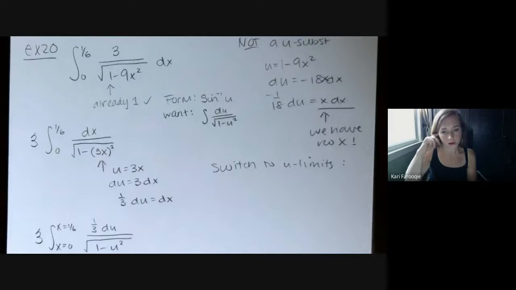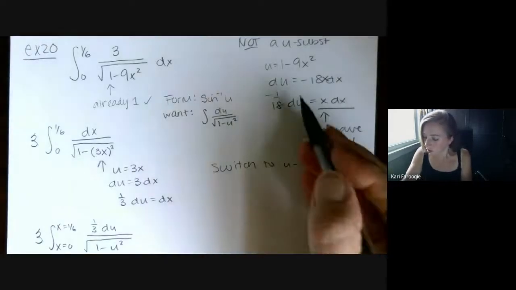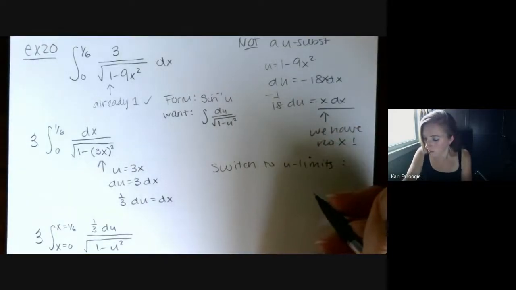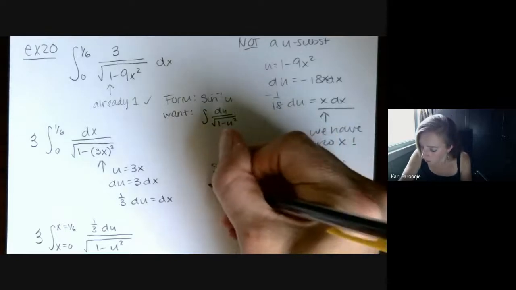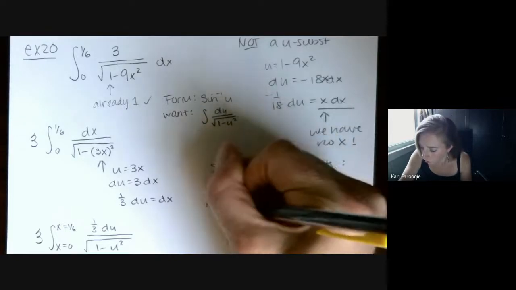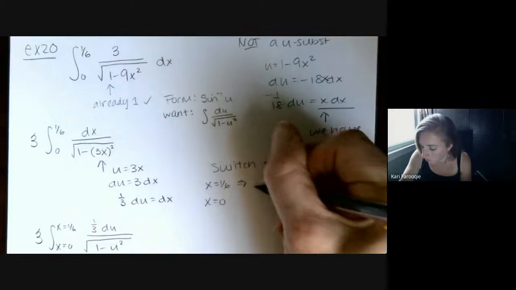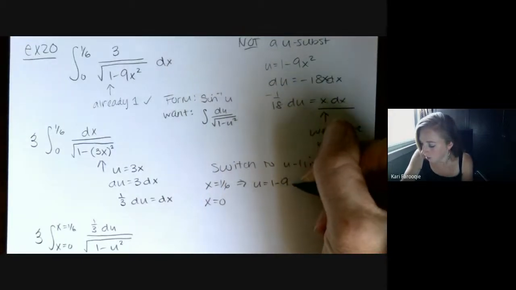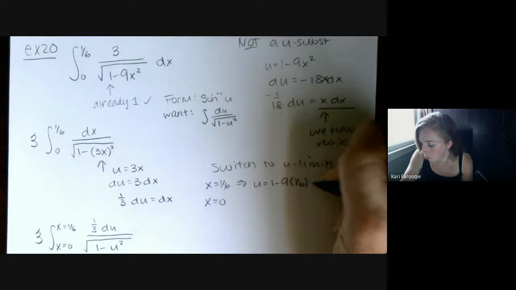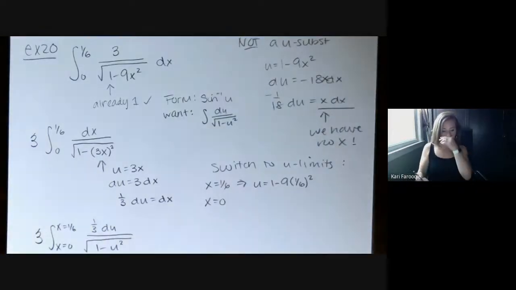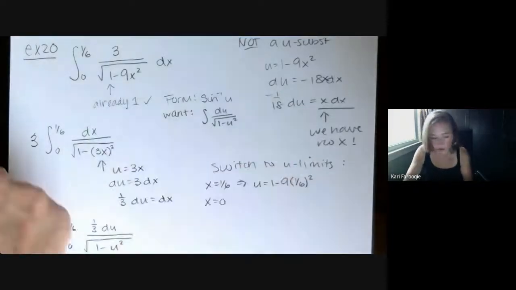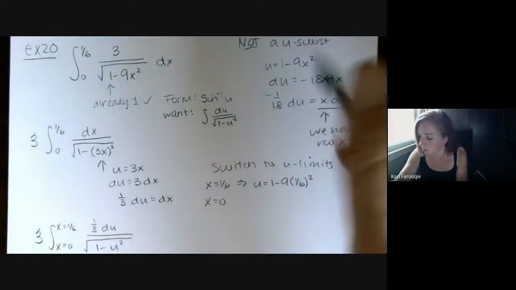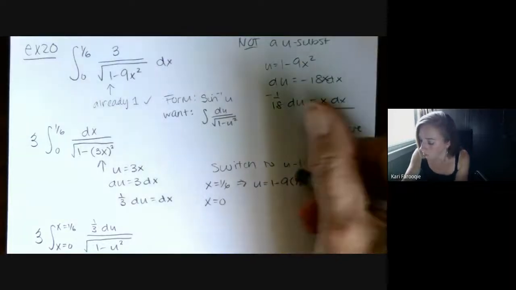Okay. If I'm going to switch to u limits, I know that u is 1 minus 9x squared. I have x going from 0 to 1/6. U is 1 minus 9 times, in this case, 1/6. So, oh my gosh, I'm using the wrong u that I said not to use. Sorry.